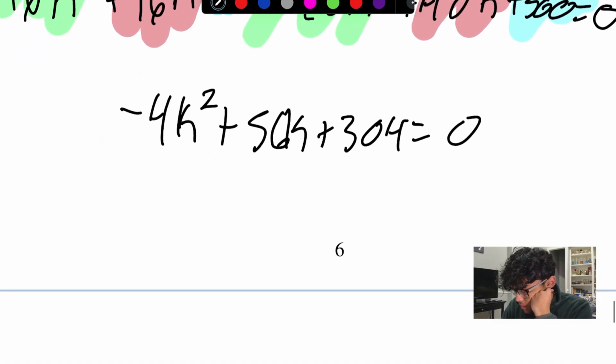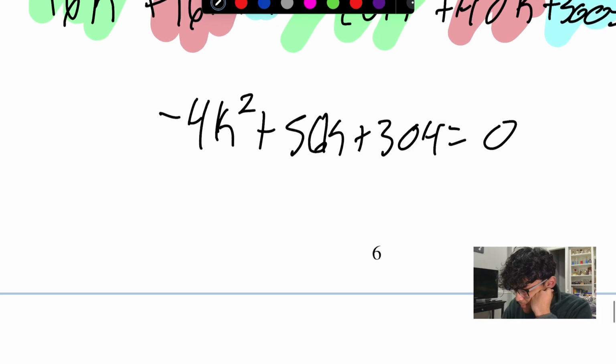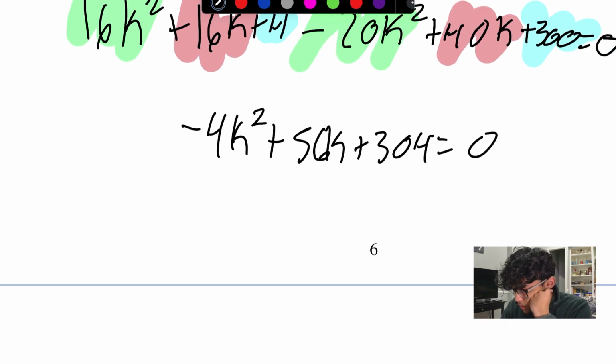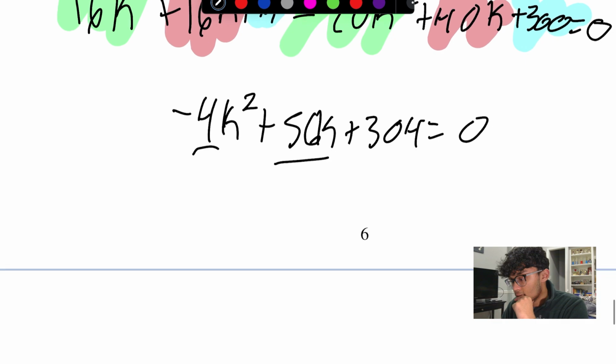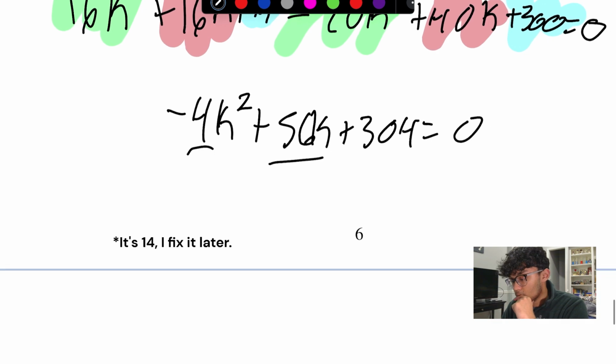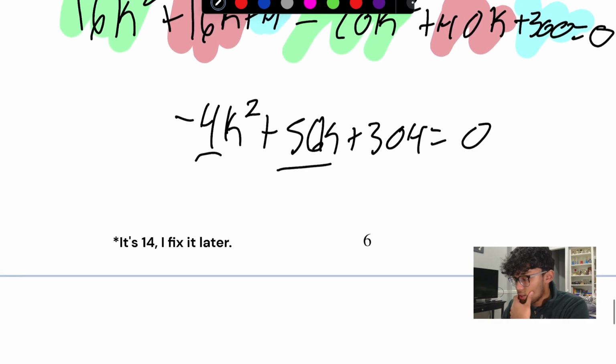So just to make this a little bit easier, I think we can divide out negative 4, right? So 56 divided by 4 is what, 17? Not 17, it's 16, right? And then 76 times 4 is 304, so it's 76.